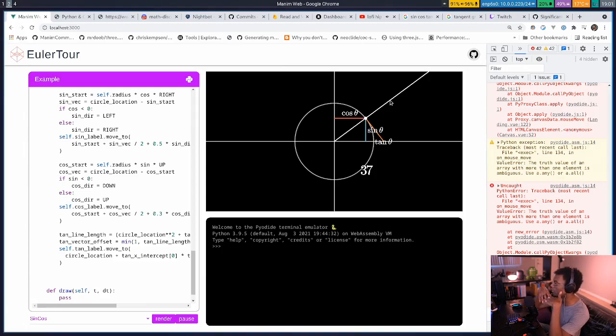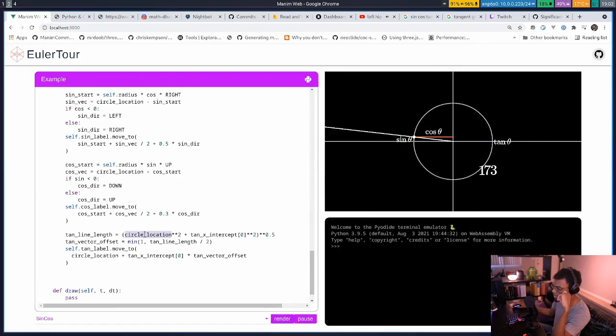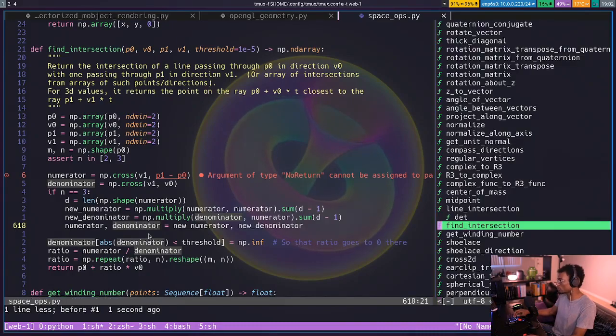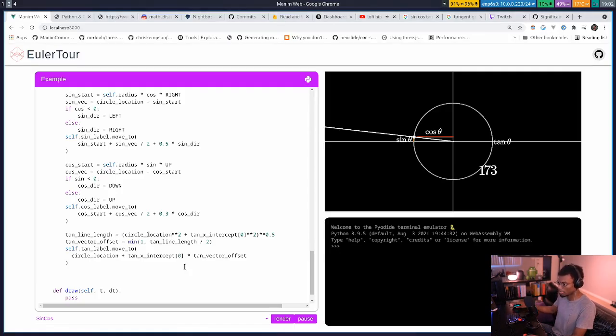The truth value of an array with one or more elements is ambiguous. Oh, wait. Yeah, that makes sense. Circle location is a vector. I can't just square this and square that. This is a vector too. So I should be able to just get the length of a vector. It's just the linalg norm.